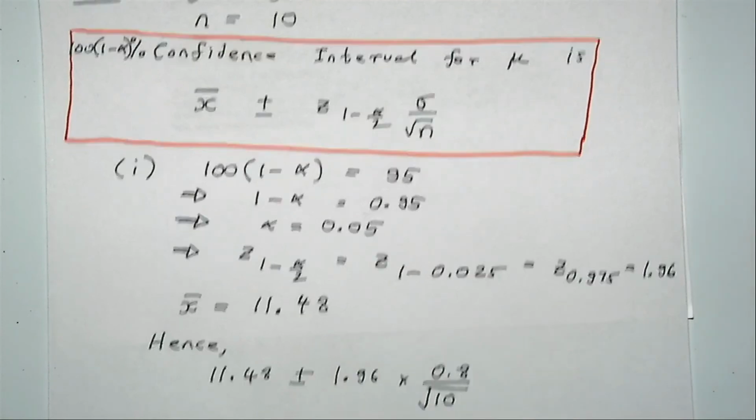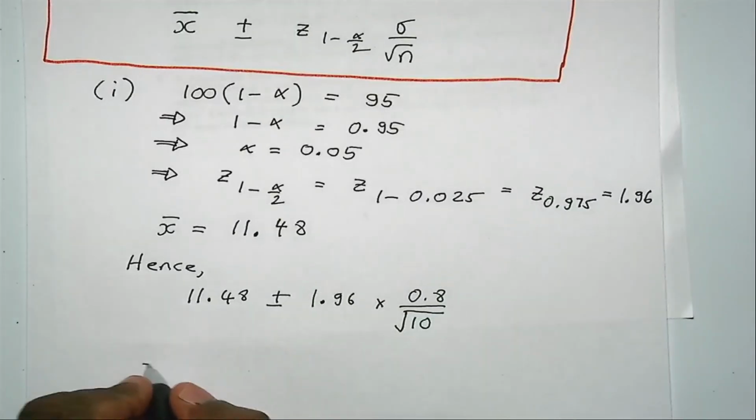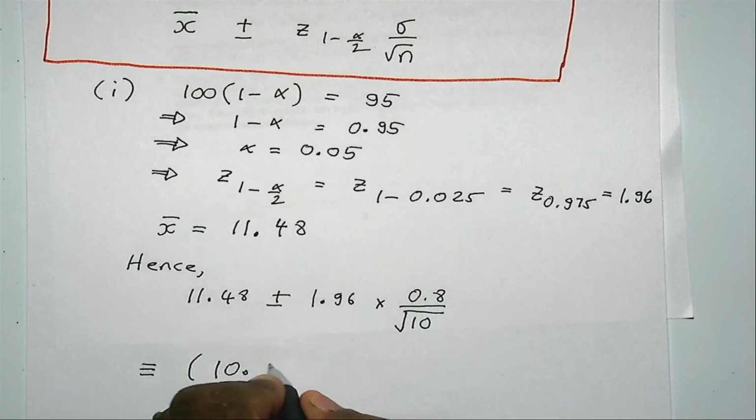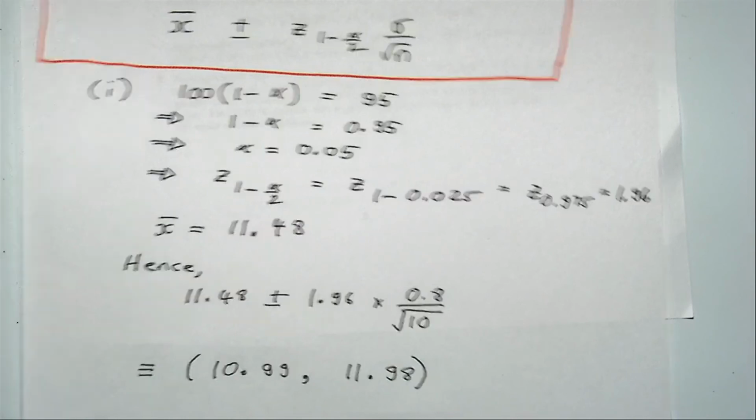Alright, so this is the 95% confidence interval, and if you have a calculator, you can simplify it. This will become 10.99, 11.98. Okay, so that's part 1 of question 6.